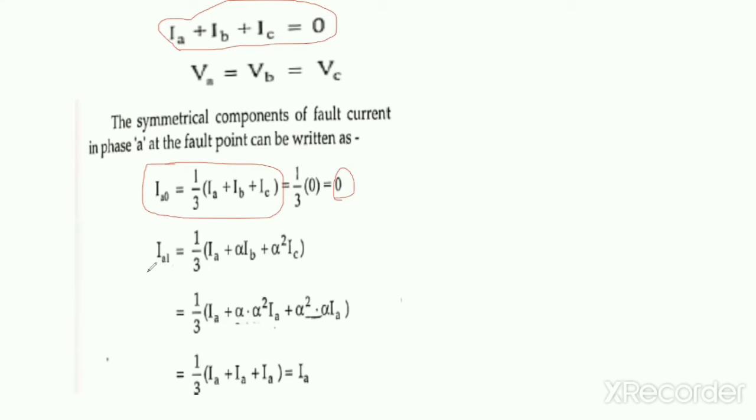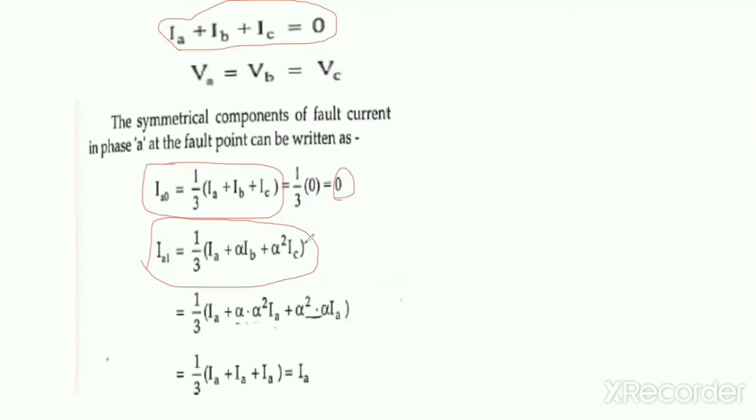Next we write down the formula for IA1. What is the formula for IA1? Therefore, IA1 is equal to 1 by 3 into IA plus alpha IB plus alpha square into IC.